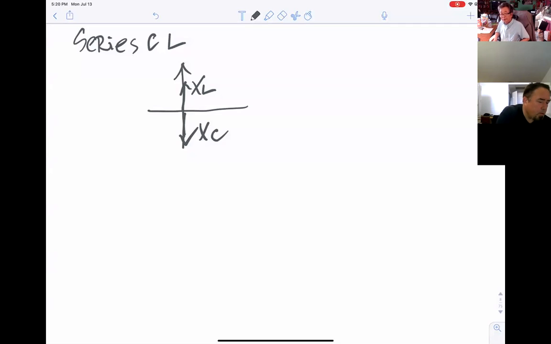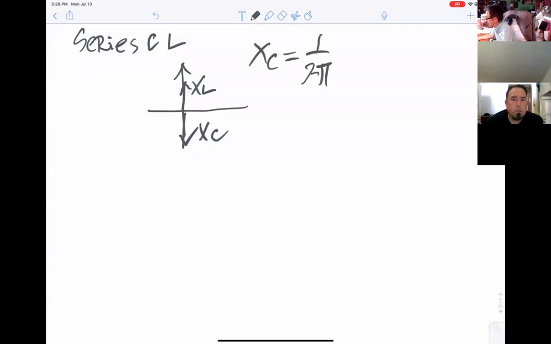Okay. So I_C and I_L, XC and XL are always 180 degrees out of phase. And we already know XC is 1 over 2 pi FC, and XL is 2 pi FL.